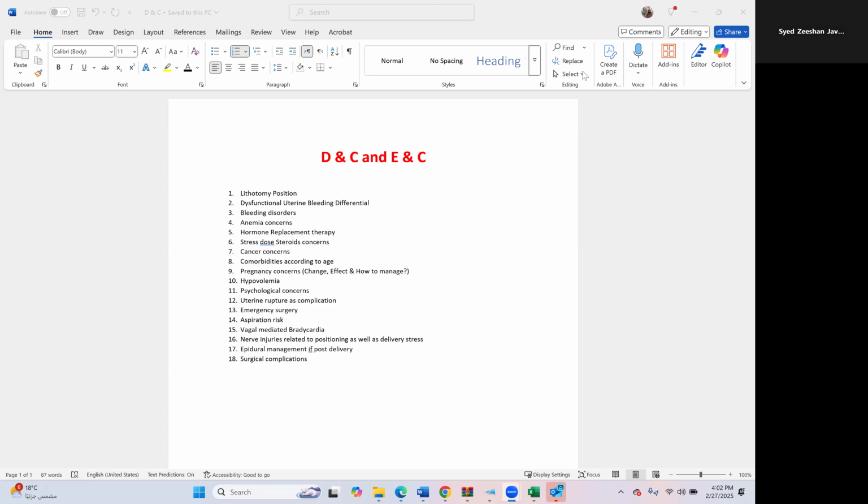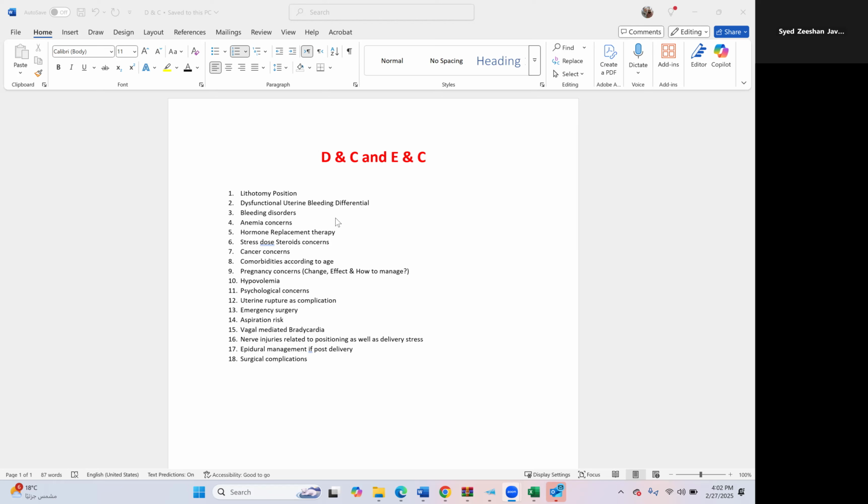This is more of terminology, but usually evacuation and curettage is the procedure done after a missed abortion, and D&C can be a sort of synonym.